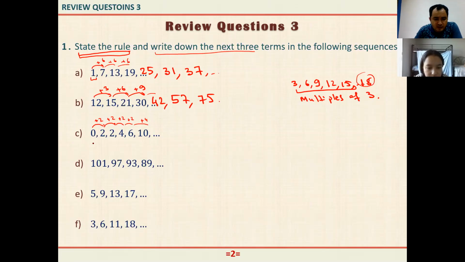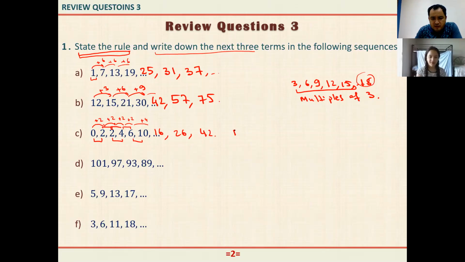So if you notice here, 0 plus 2, that's equal to 2, right? And 2 plus 2, that's equal to 4. 2 plus 4, that's equal to 6. And 4 plus 6, that's equal to 10. 6 plus 10, it will be 16 then. And 10 plus 16, it is 26. 16 plus 26, that is 42.